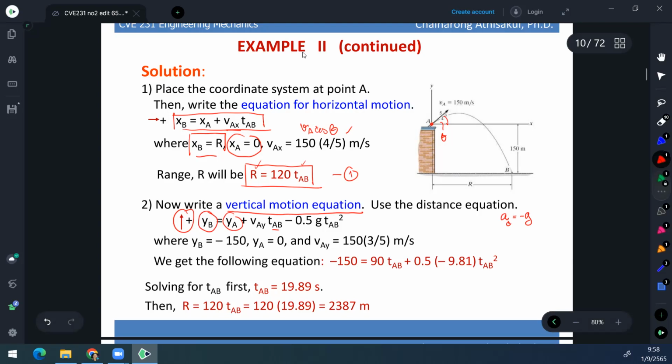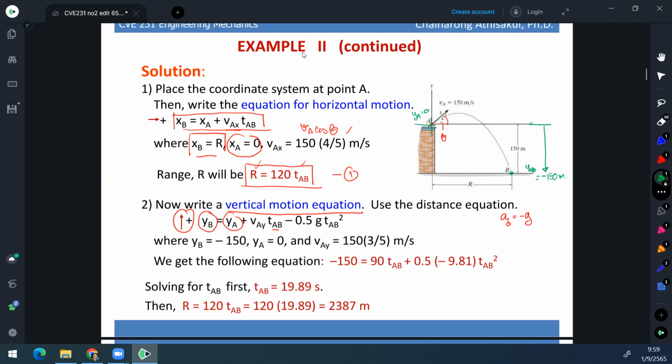For this case, yB is below the reference, so yB becomes minus 150 meters. And yA is 0 at point A, because it is the origin, where it starts.